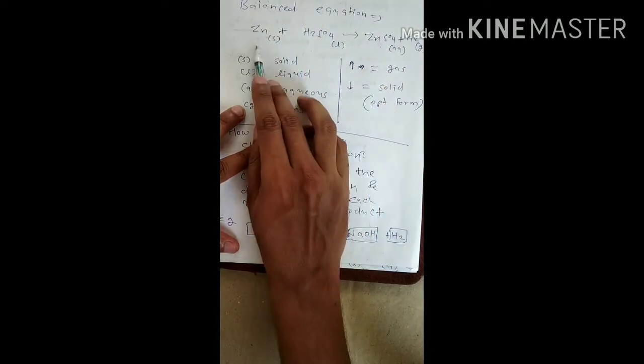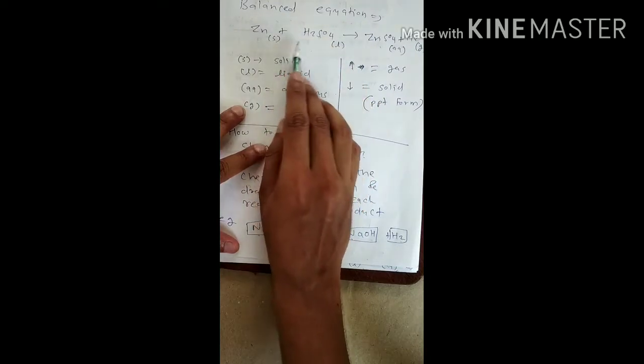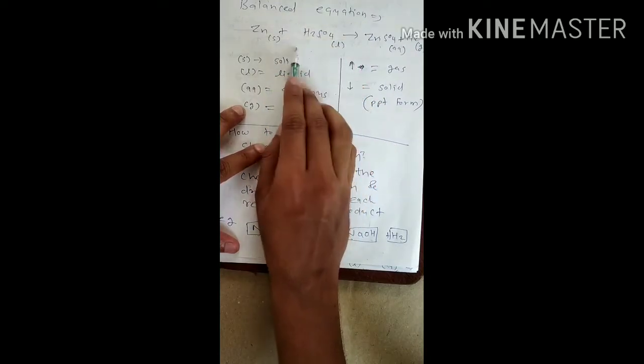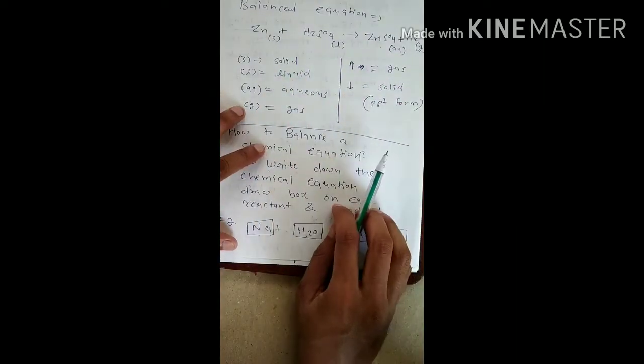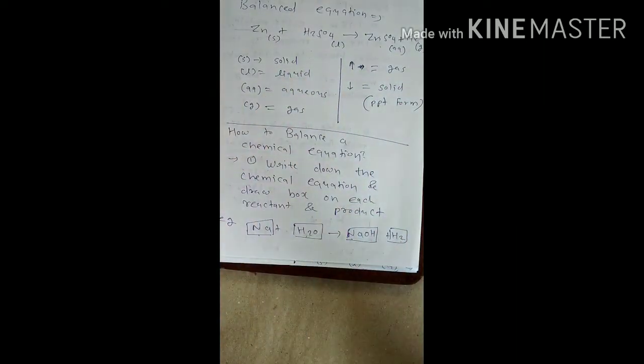So the number of atoms of all elements is the same here, so this equation is balanced. So what is a balanced equation? If the number of atoms of each element is the same on the reactant and product side, that reaction is called a balanced equation.